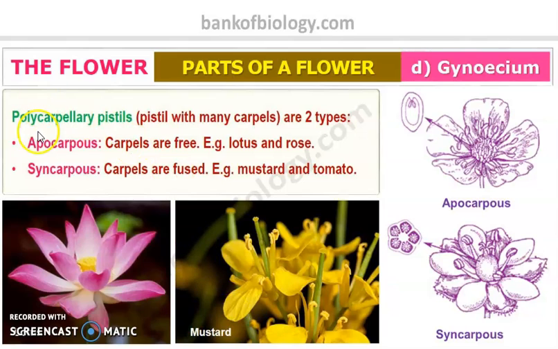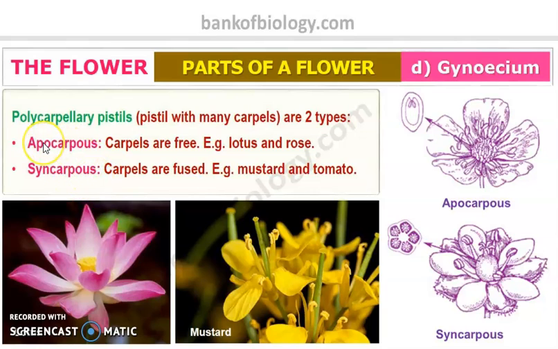Polycarpellary means many carpels, many female reproductive parts. A pistil with many carpels is called polycarpellary pistil, and they are of two types: apocarpus and syncarpus. This is what we learnt in androecium also.